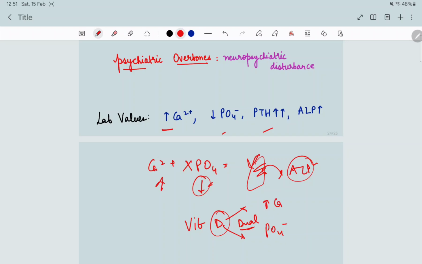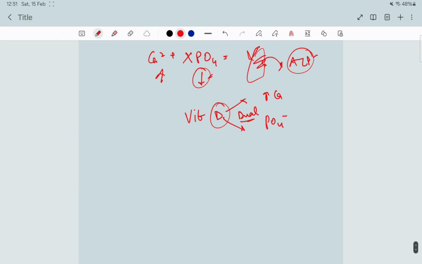You tell me a disease in which both calcium and phosphate are increasing, but the PTH level is low to normal and the ALP levels are also normal. So this is a question.